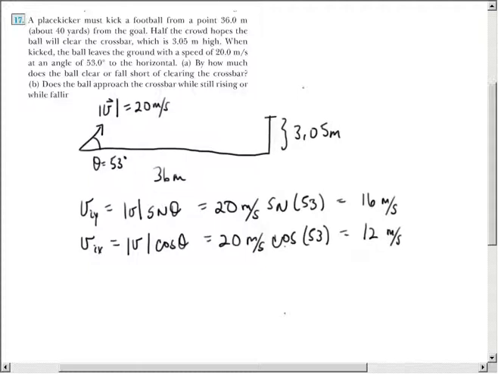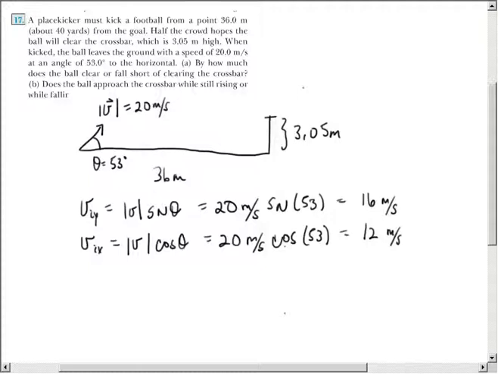There are two ways to calculate the time the particle takes to reach the position x equals 36 meters, y equals 3.05 meters. Identify those two methods. Pause the video and write down your answer. The first method would be to use the vertical component and calculate how much time is required to reach the vertical height of 3.05 meters.